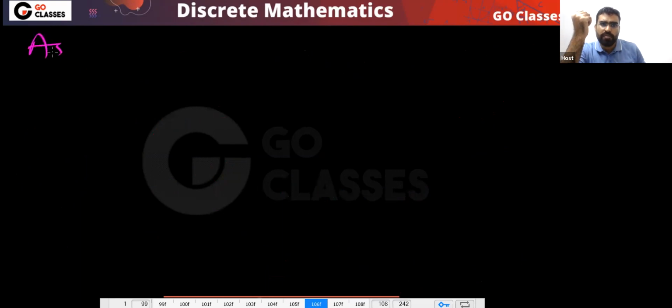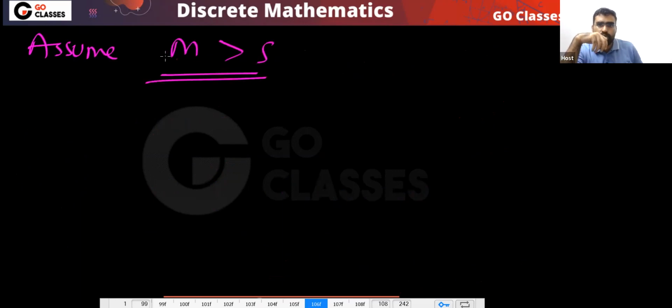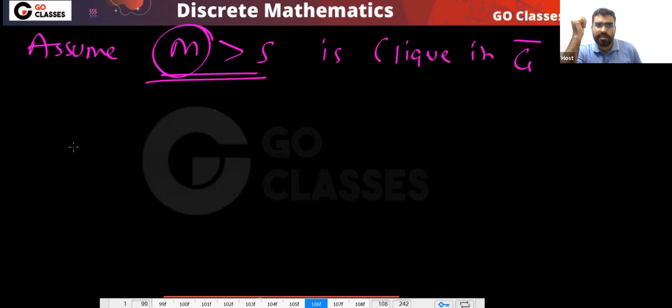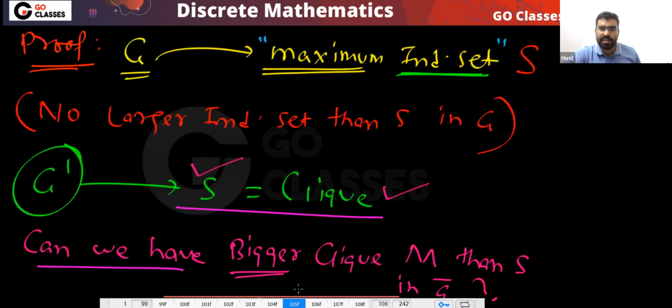Let us assume M, which is greater than S, is a clique in G complement. I am assuming that this M is the bigger clique. So in G complement, there is a bigger clique M, while S is also a clique.